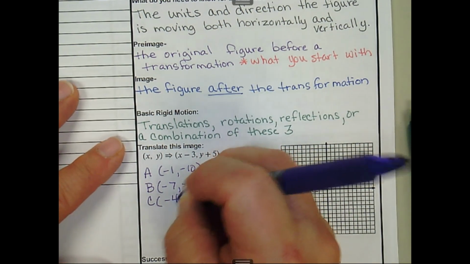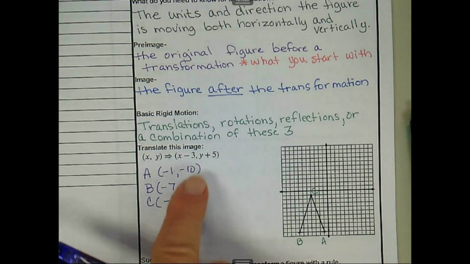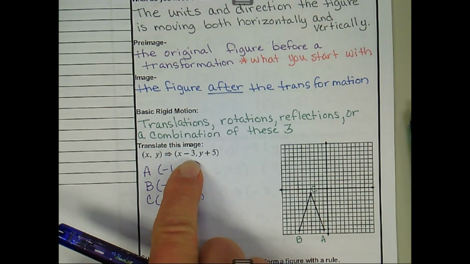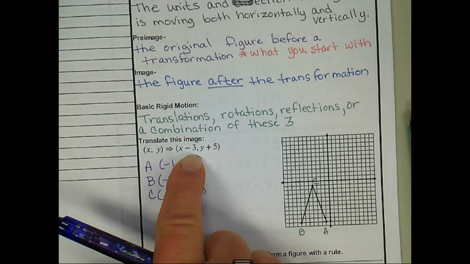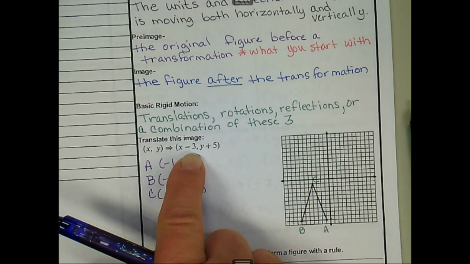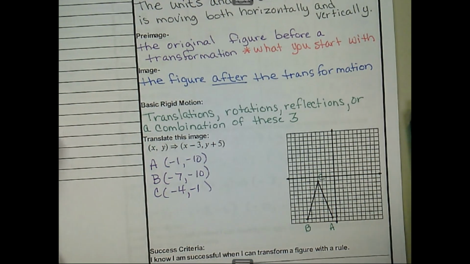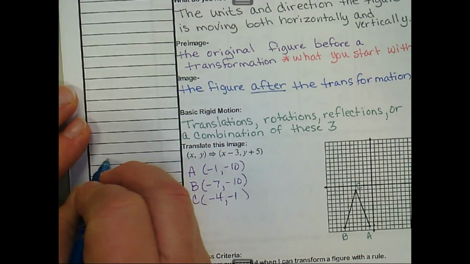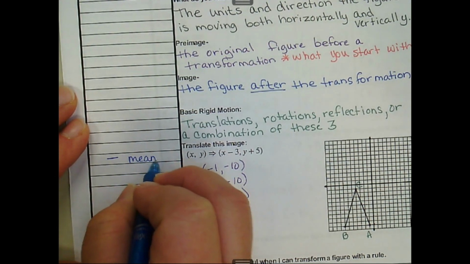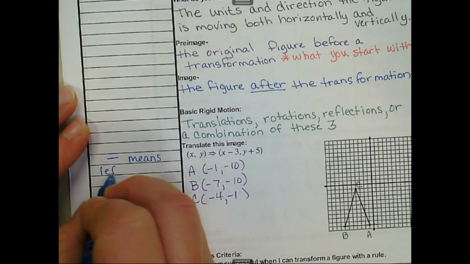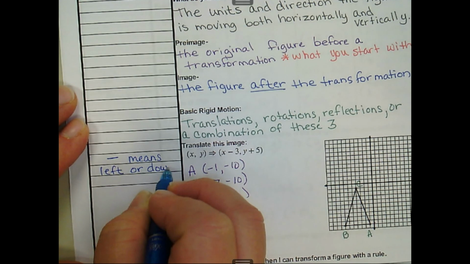Okay, as I'm looking at this, I'm going to take whatever x value it is, and I'm going to move it 3 units to the left. When I subtract, it goes left. So that means either left if it's for the x, or down if it's for the y.